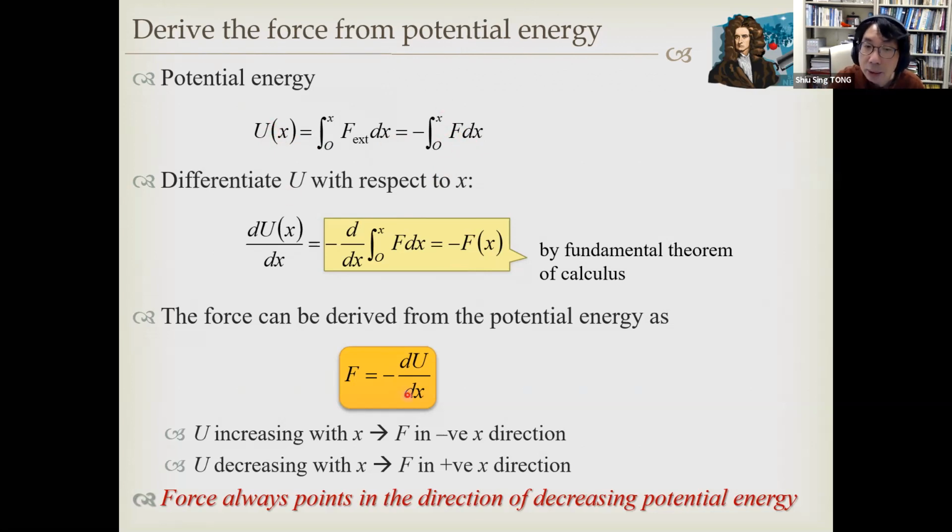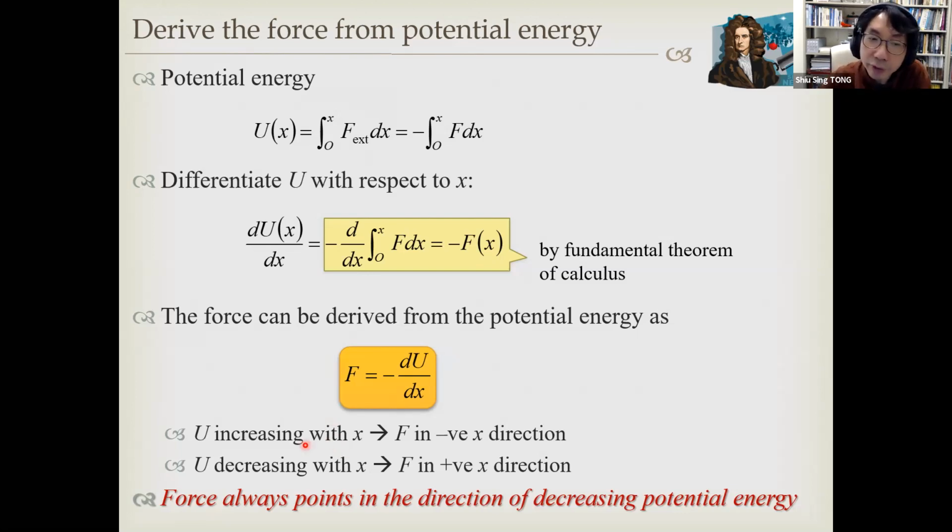When you go back, you start with U, then you differentiate with respect to x, add a minus sign, you get F. Okay, so F and U are just connected by the fundamental theorem of calculus. You integrate F, you get U, but you differentiate the U, you get F. Okay, and do not forget, there's always a minus sign here.